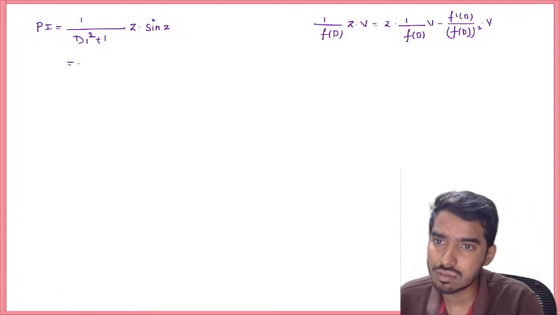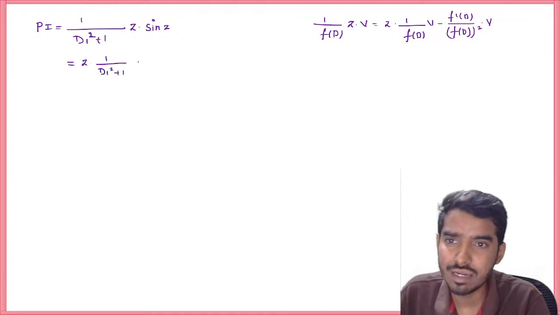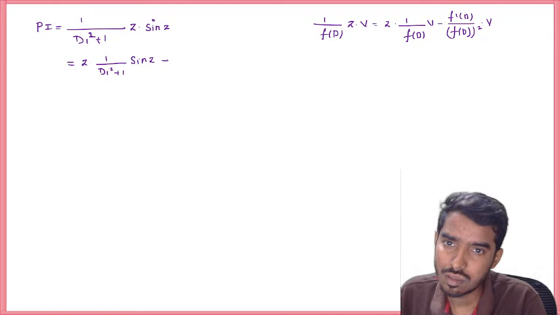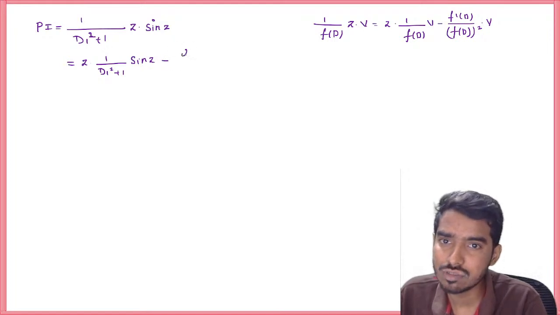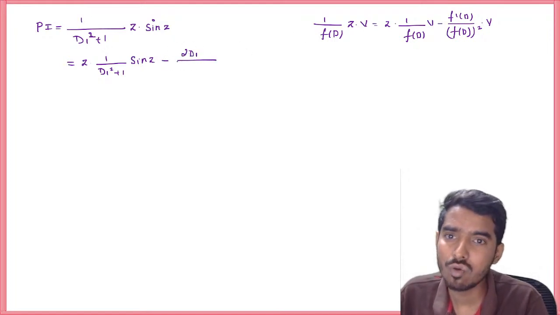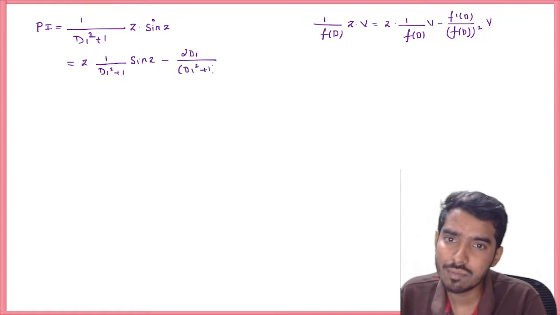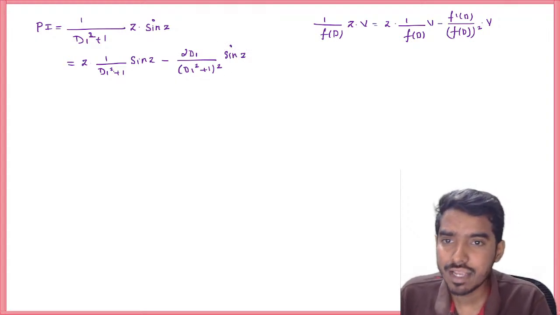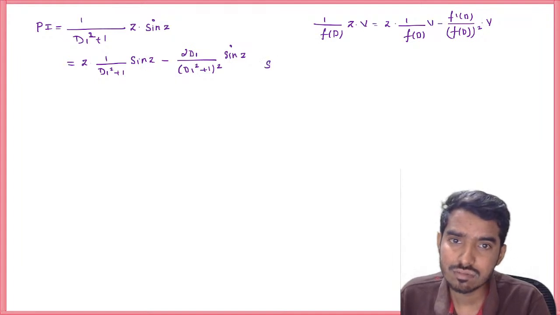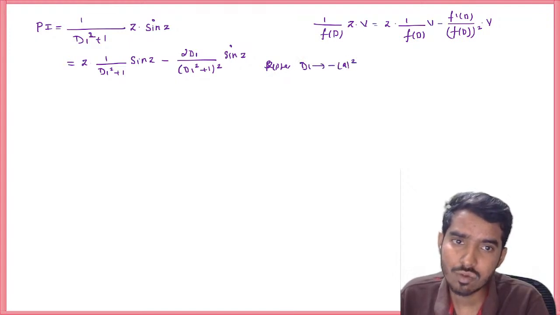So this is z into 1 by f of D, this is f of D1, right, into V minus f dash of D, differentiate this, so we will have 2D1 over f of D whole squared, so D1 squared plus 1 whole squared into sin z, right. Now this comes under type 2, sin az, so replace D1 squared by minus a squared, so a is 1, so it will be minus 1.